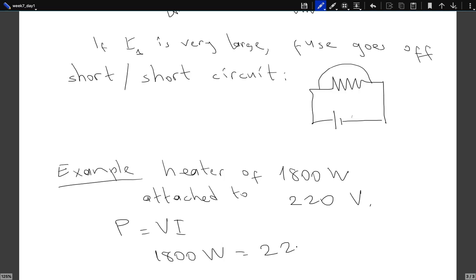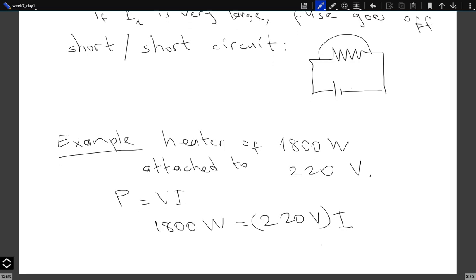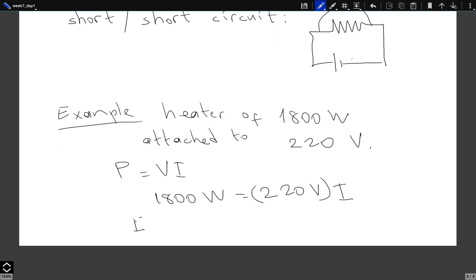This should be equal to 220 volts multiplied by the current. Or the current is 1,800 watts divided by 220 volts, which is, some of you have a calculator, around 9 amperes.